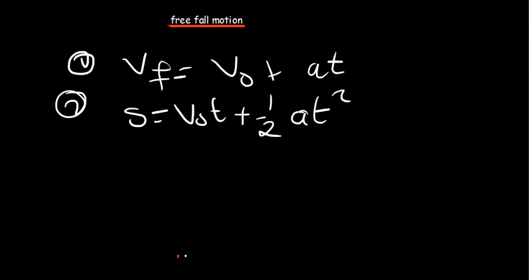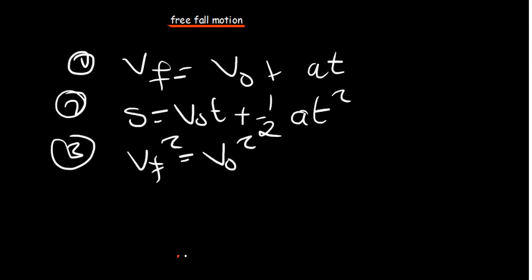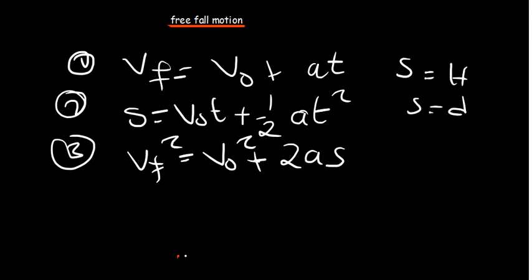Now 3, we said V final squared is equal to V initial squared plus 2AS. In this case, S is the same as the height, or the distance. So you can replace S with D or H.